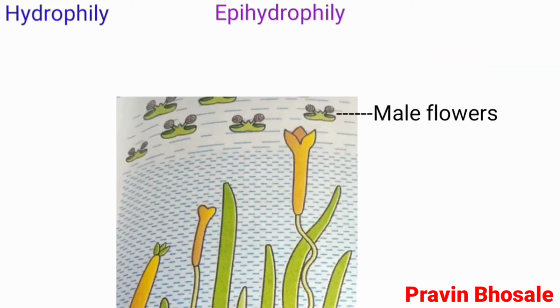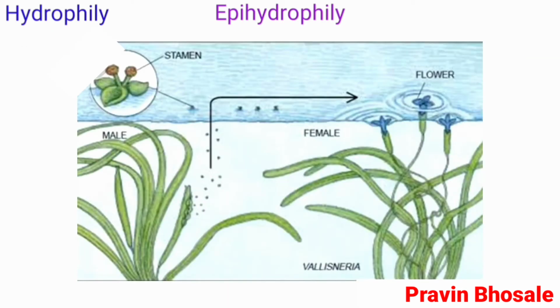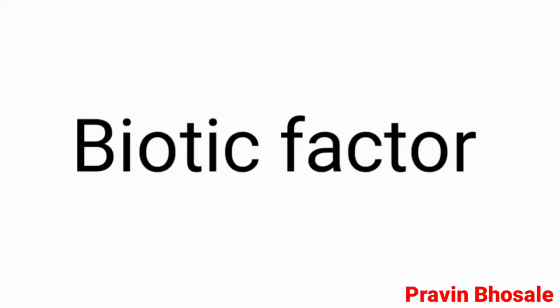The male flowers surround the female flower and undergo anthesis, that is, opening of the flower bud after formation of pollen grains at maturity, due to which pollen grains are deposited on the stigma of the female flower and cross pollination is achieved. Biotic factors. First is entomophily.